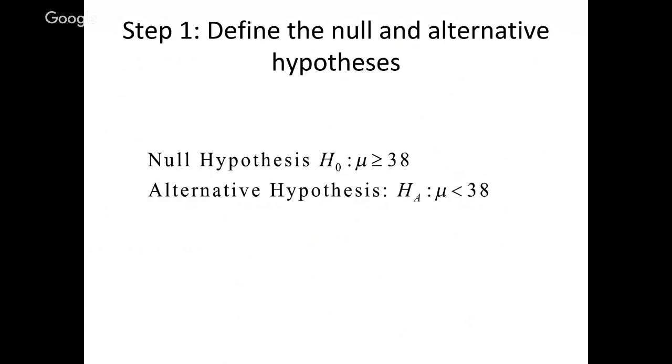The real issue here is whether we should reject the lot or not. So we're really interested in knowing, for the null hypothesis, is mu greater than or equal to 38, in which case we're not going to reject the lot, or does the alternative hypothesis apply, which is that mu is less than 38, in which case we have to reject the lot. So in this sense, this is a one-sided test, because for the alternative hypothesis, we're only interested in rejecting if the population mean is less than that 38 standard.